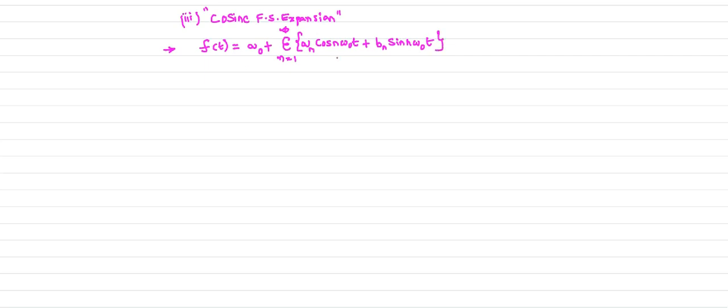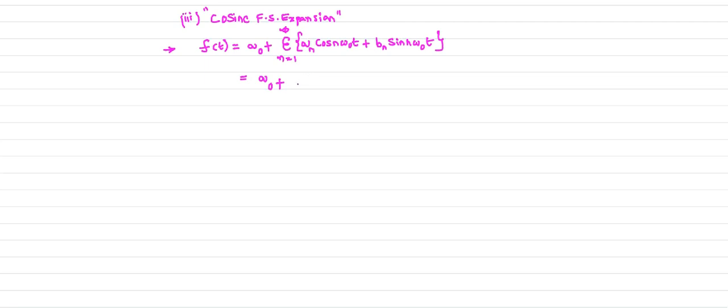Now what I am going to do is express this f of t exclusively in terms of the cosine function. For that, I am modifying the above equation like this.